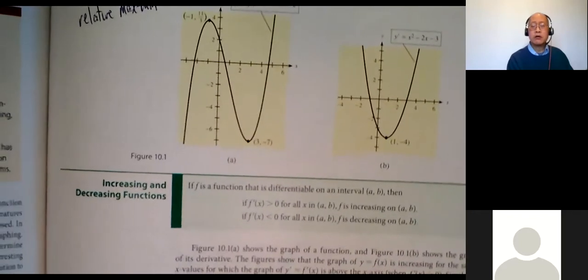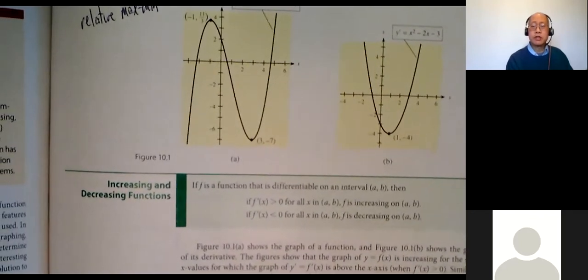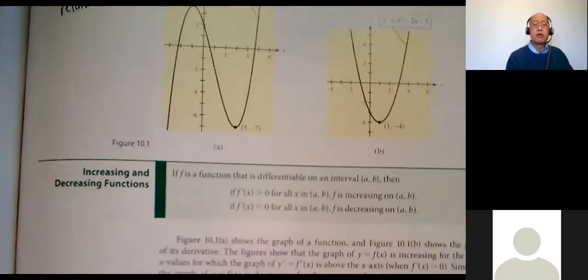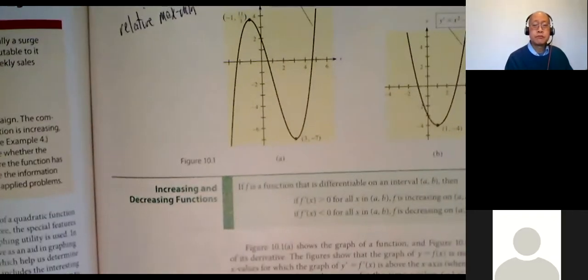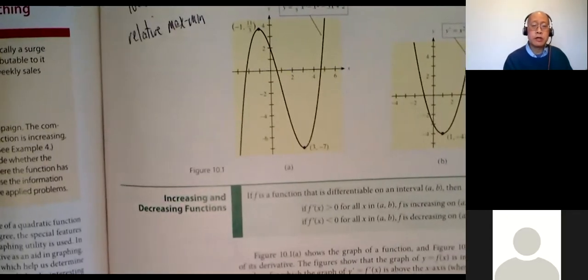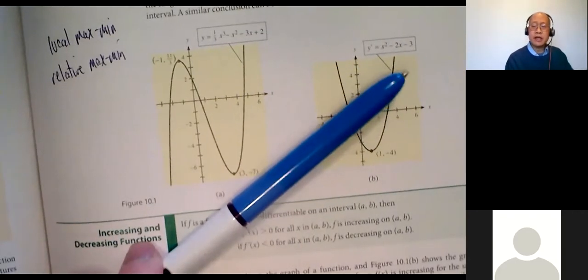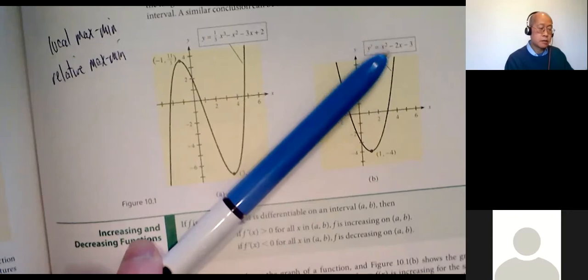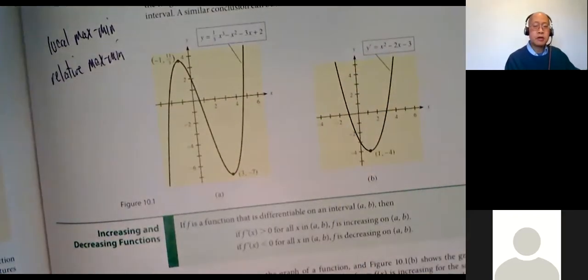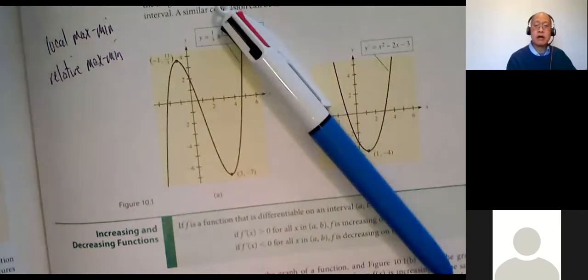So how do I tell using calculus if the graph is increasing or decreasing? Well, remember, derivative means slope. So think back to algebra 1. Slope positive means the line goes up like that, increasing. Slope negative means the graph goes down like that.